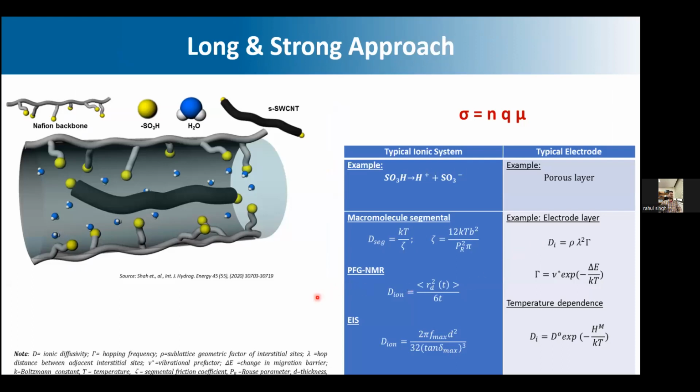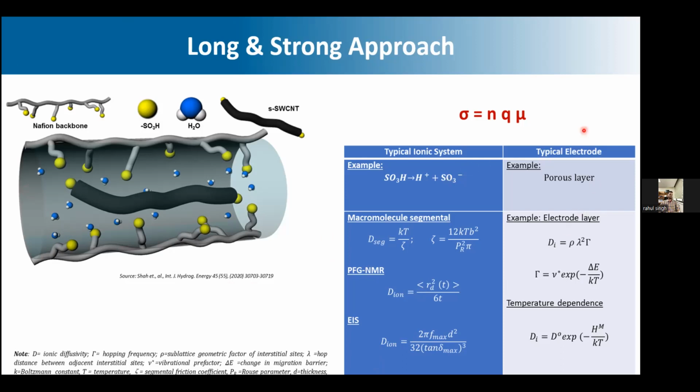Or through NMR, we can also calculate the diffusion coefficient. And through EIS, I think Dr. Noor is an expert in this. From this also we can calculate the diffusion coefficient, and we can understand what is going on inside, how these ions play a major role in the conduction.